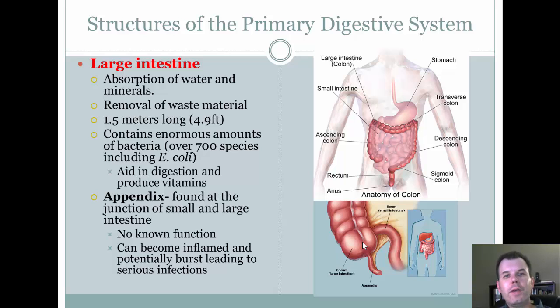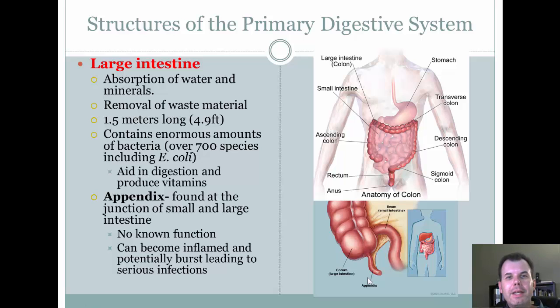The one issue that does happen is that people develop appendicitis. Appendicitis is basically when this gets very inflamed and enlarged. If you don't get that treated, this appendix can rupture and leak the bacterial material from the intestine into your open body cavity.